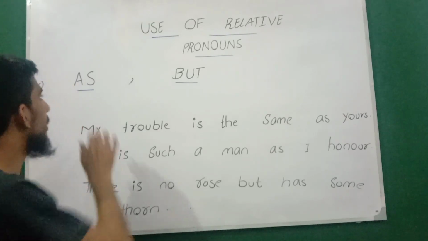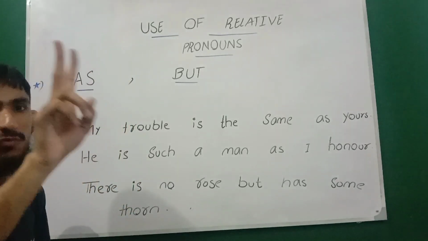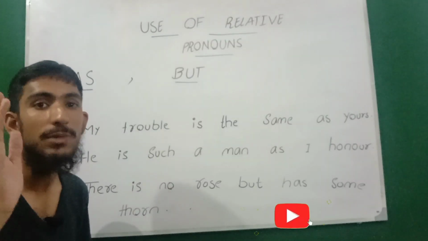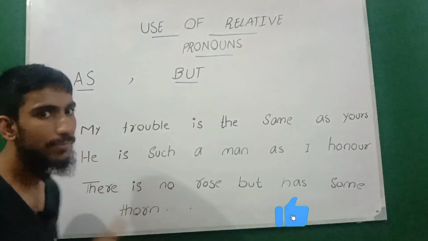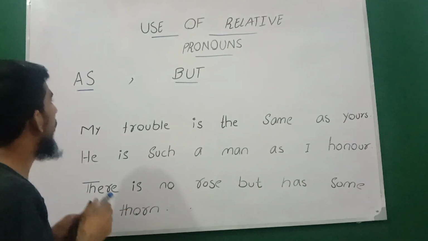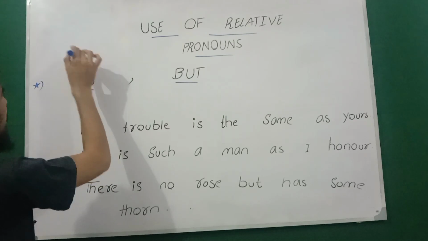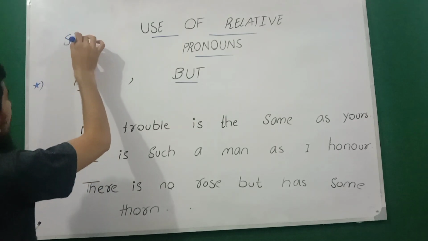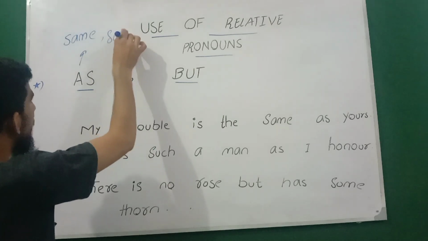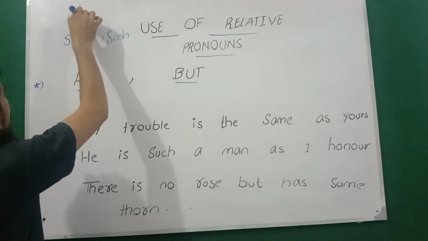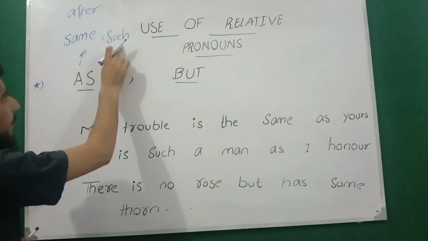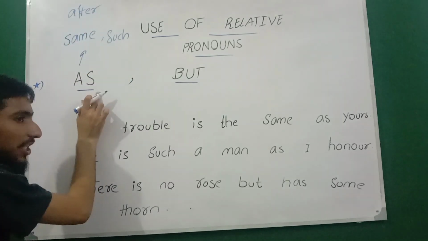But they were used in older English grammar. There were two situations in which older grammarians used as as a relative pronoun. The relative pronoun as is used after the word same and after the word such. These are the two conditions.